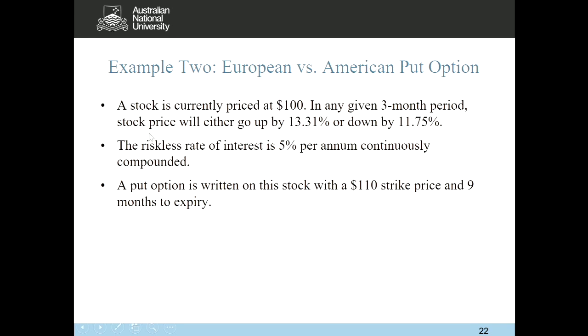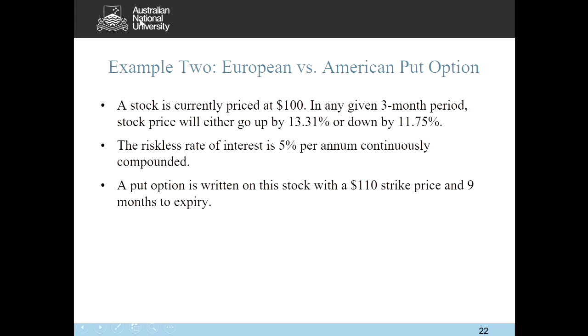So it says the stock is currently priced at $100. In any given 3 month period, the share price would either go up by 13.31% or go down by 11.75%. And we were told the risk-free rate is 5% continuously compounded. Again, we have a put option written on the stock with a strike price of 110 and 9 months to expiry.